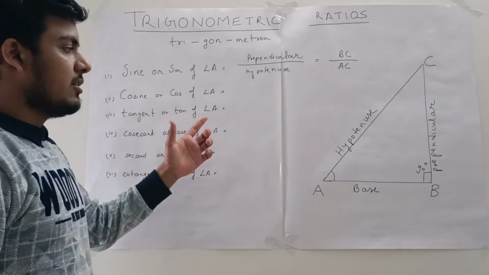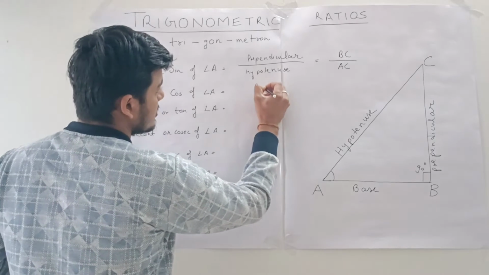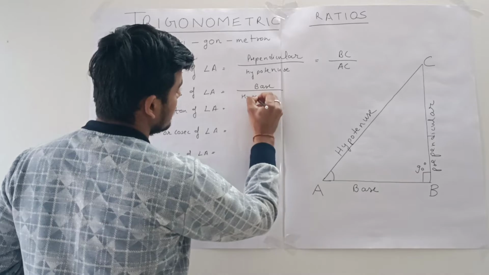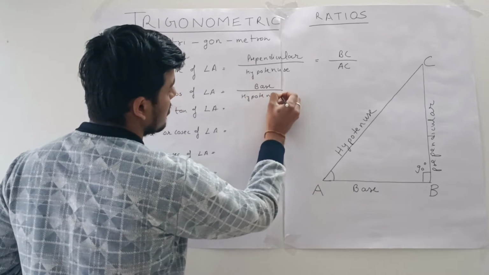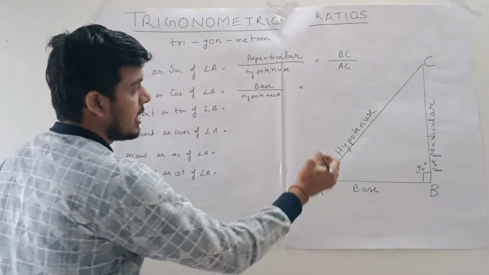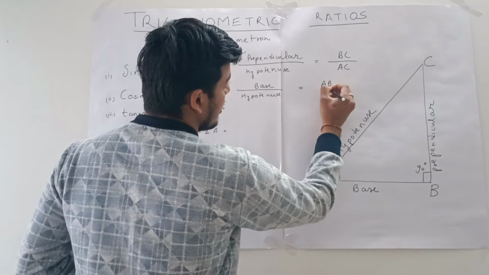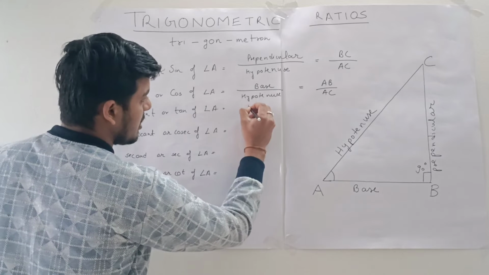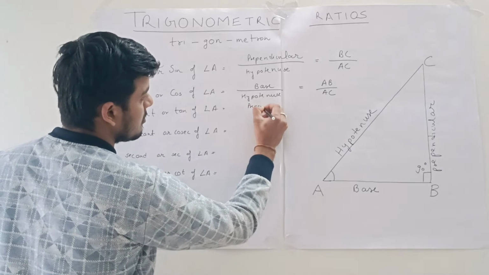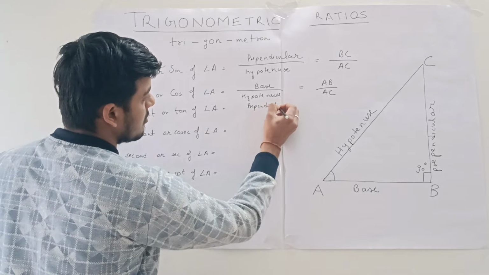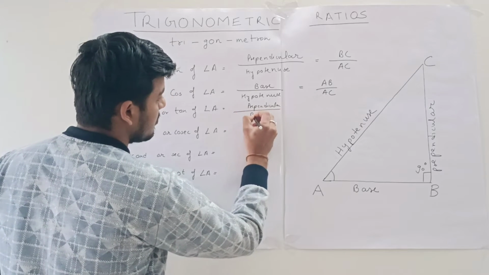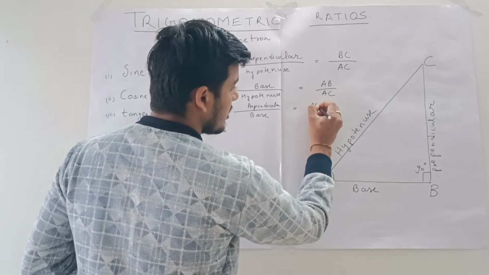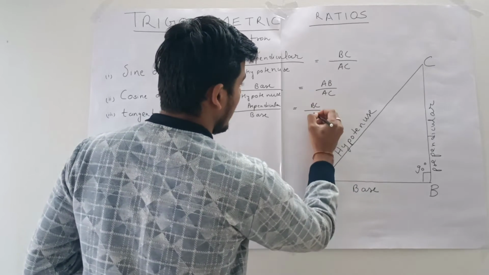Okay, so cosine of angle A is base upon hypotenuse. In the figure, what is base? AB is the base and AC is the hypotenuse. Tangent of angle A is perpendicular upon base, that is BC upon AB.